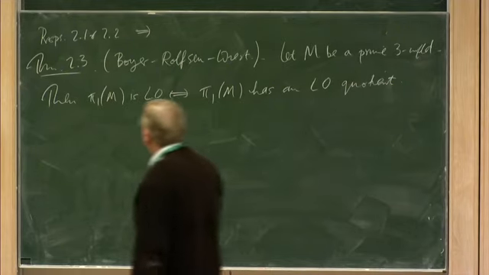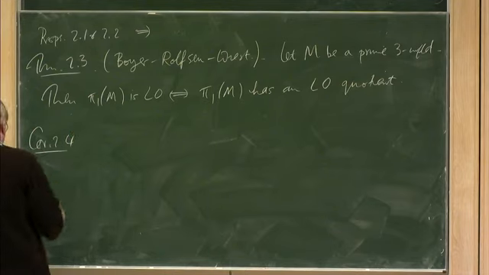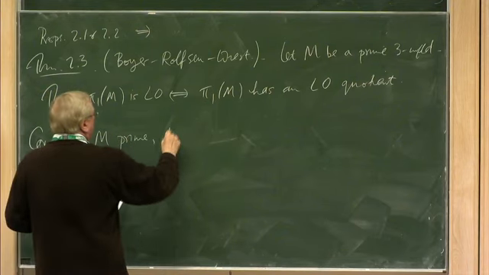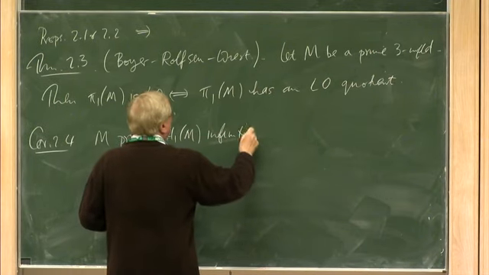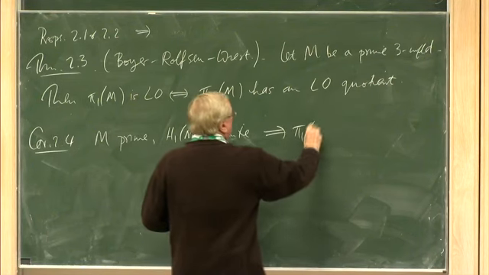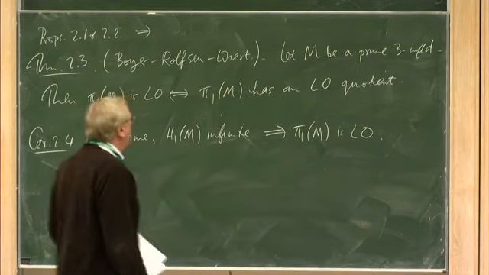So the first is that if the first homology of M is infinite, then pi 1 of M is left orderable.